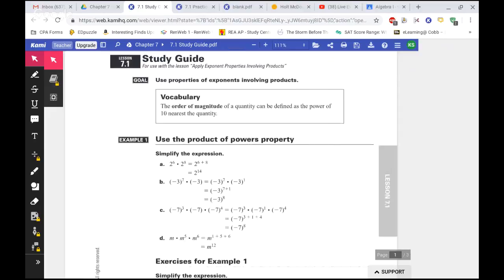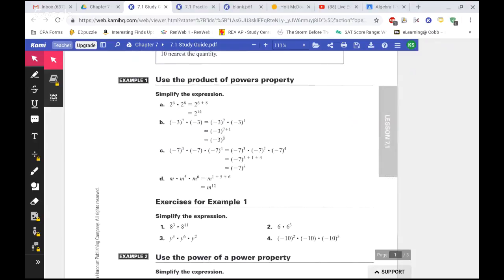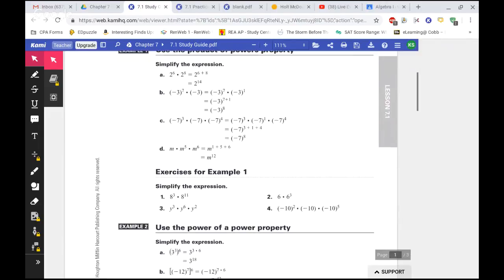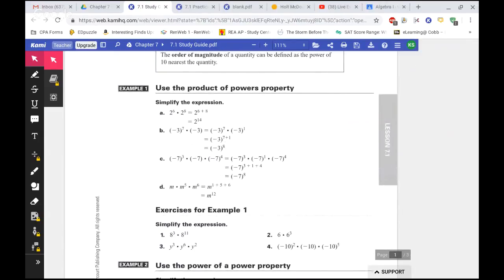So on the 7.1 study guide, example 1, use the product of powers property. This is kind of multifaceted, but as I told the kids in class yesterday, it's very, very easy.